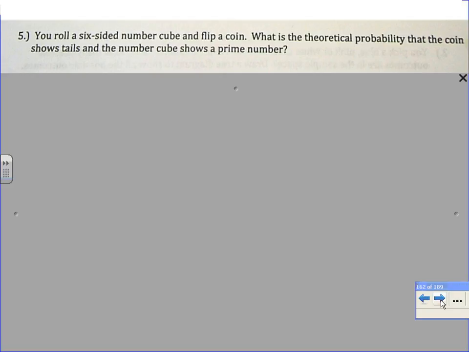Nice. Okay, that's a great way to do it. Anyone do it a different way? Okay, it's not 1/6. Annalise, the answer is 1/4. There's one answer for number 5.